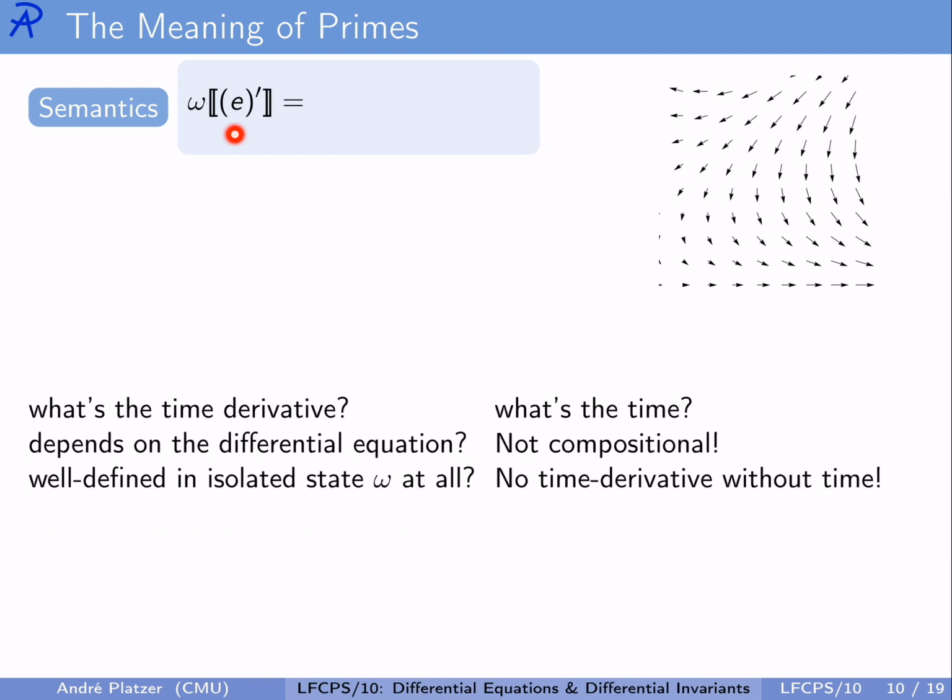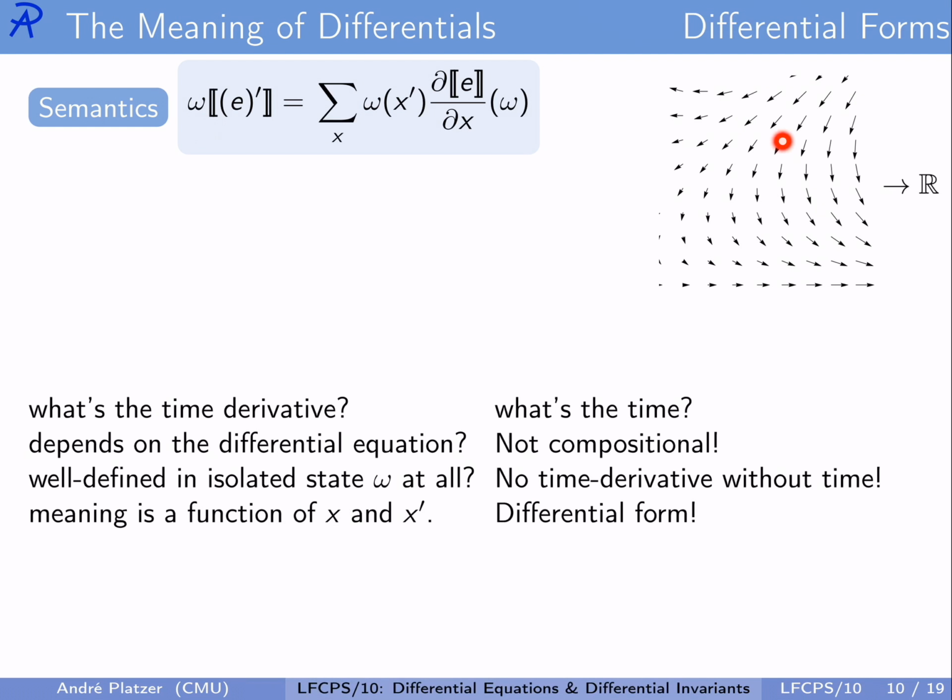We're trying to give meaning to e primes in a single state, and I guess that's complicated, but we can still say at each and every one of those states, e prime has a meaning as a function of the meaning of the derivatives. So as a function of what the value of x prime is, you can give a meaning to e prime.